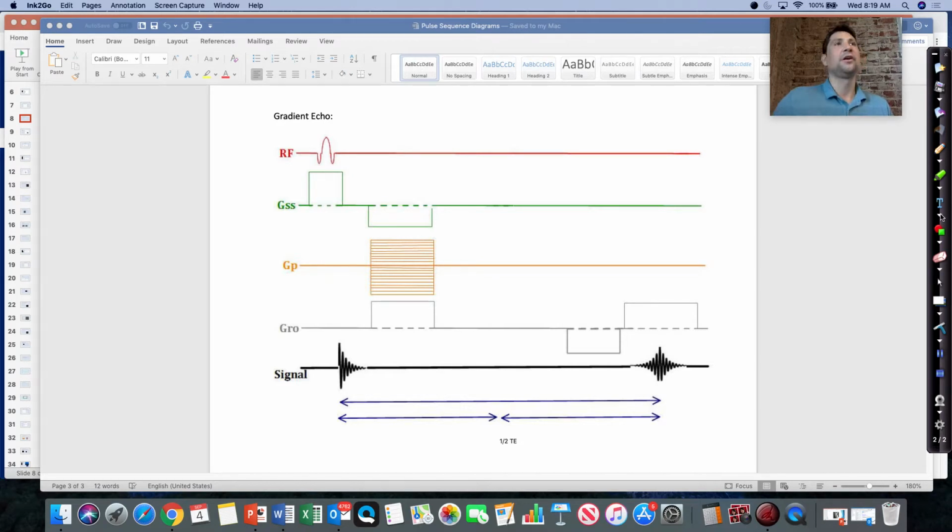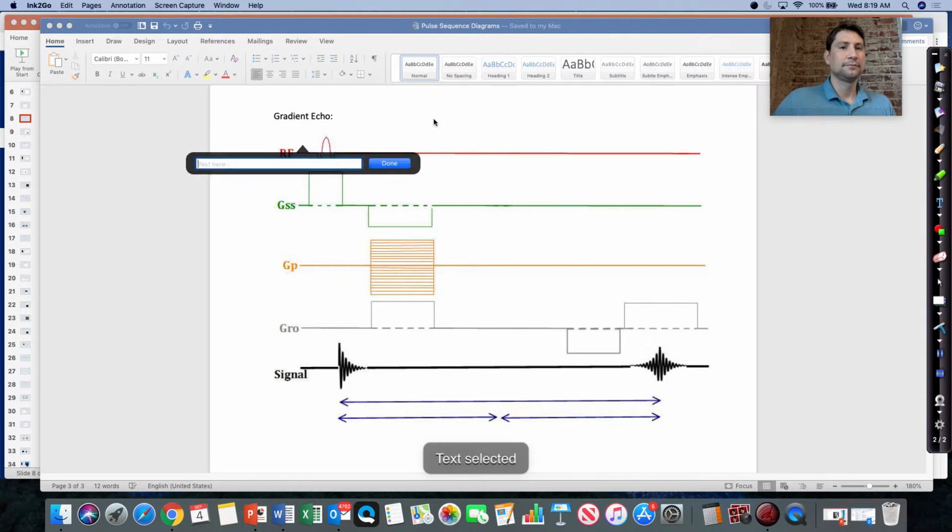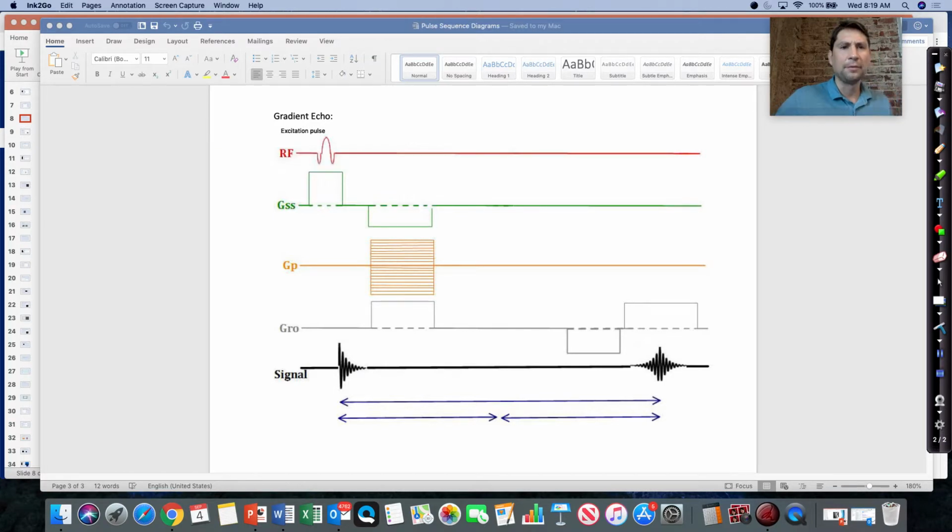Is this still called an excitation pulse, do you think? It is. But what's different about this excitation pulse?